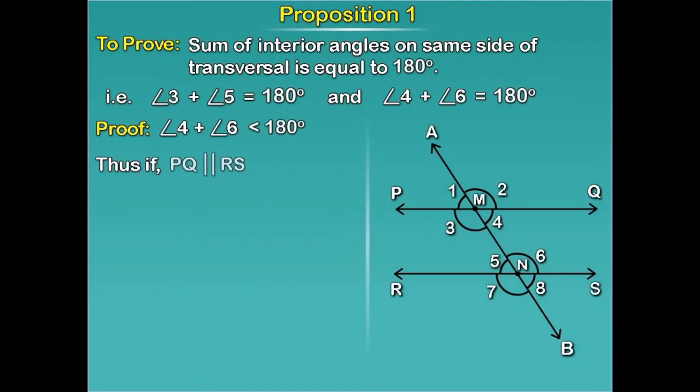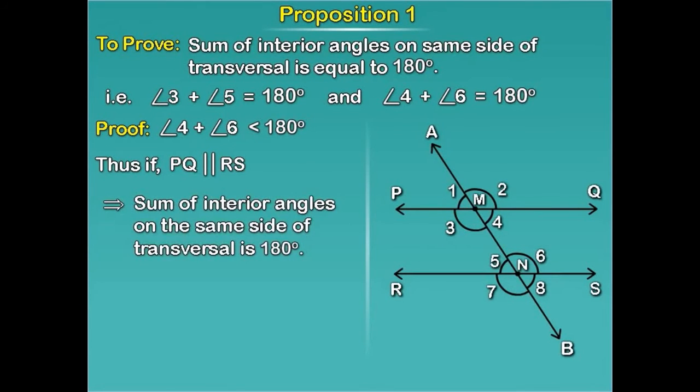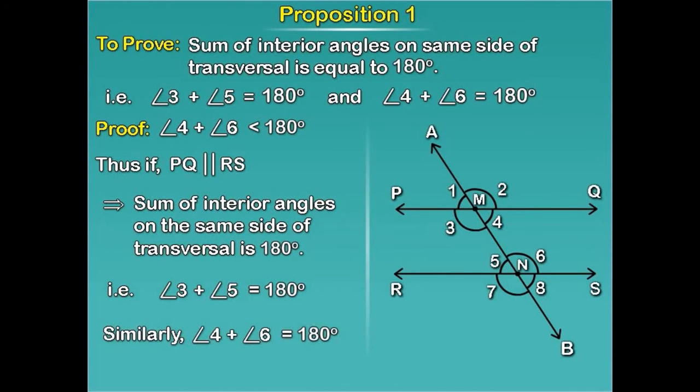Thus, if PQ and RS are parallel, the sum of the interior angles on the same side of the transversal is 180 degrees. That is, angle 3 plus angle 5 is equal to 180 degrees. Similarly, angle 4 plus angle 6 is equal to 180 degrees.